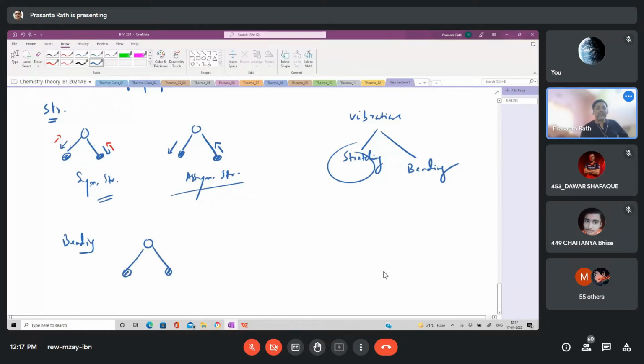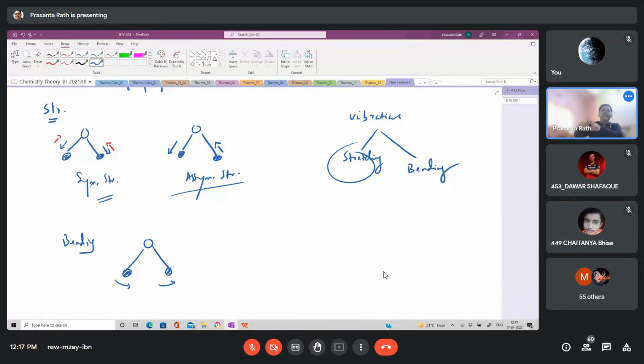Okay, so now in bending, look, let me show you a little of the possibility. Suppose you are moving both in the same direction. Now look, you can look at my hand. This is the central atom. These two atoms, we can imagine as the tips of my fingers. So you can move the atoms in this clockwise direction or anti-clockwise direction.